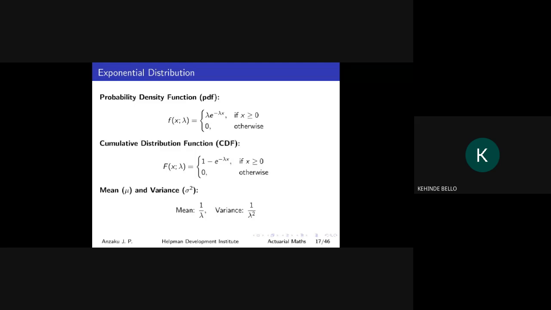But this is continuous, and that other one is discrete. You see, the Poisson has a factorial, right? But because this is continuous, the factorial will not actually come into play here. You can't take the factorial of decimal numbers, or of an interval of numbers.